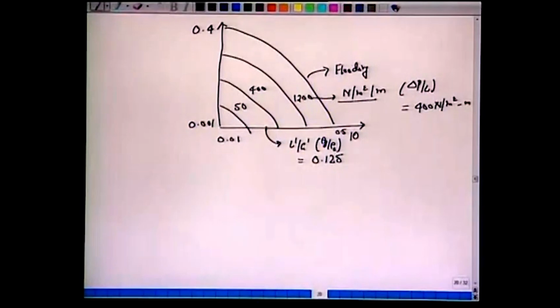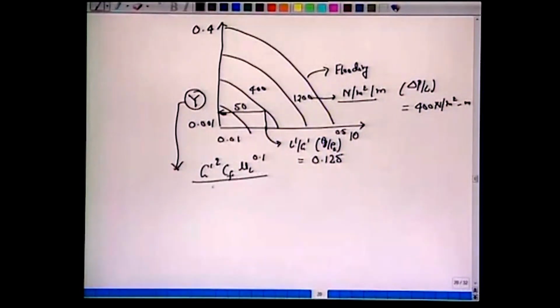Okay. So, from here we come to this curve and we calculate this quantity on the y axis, which is G1 square Cf mu L to the power 0.1 over rho G times rho L minus rho G times Gc.